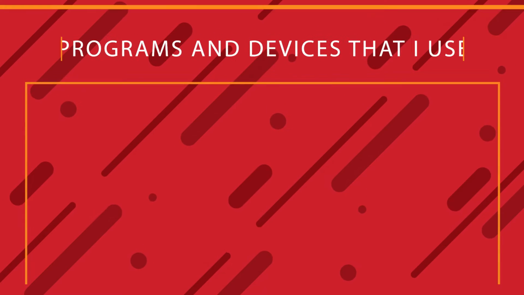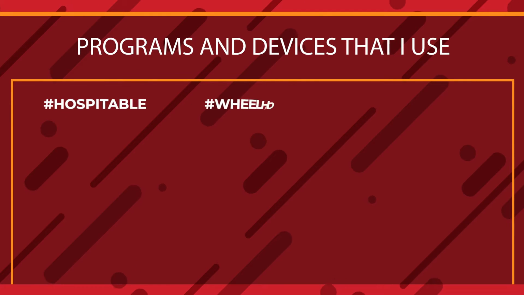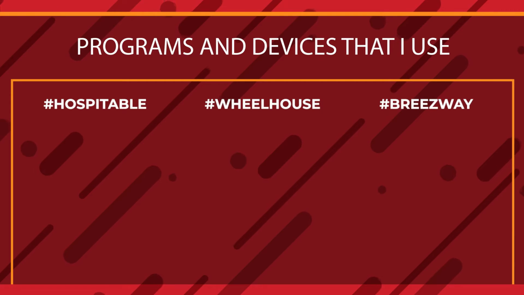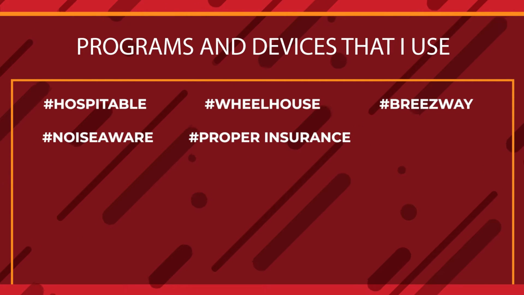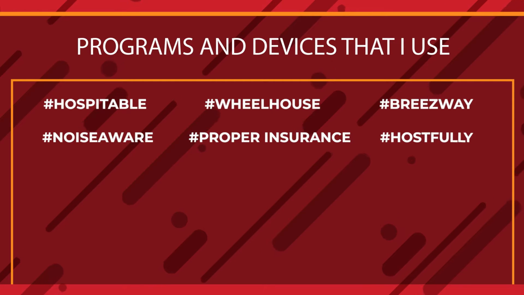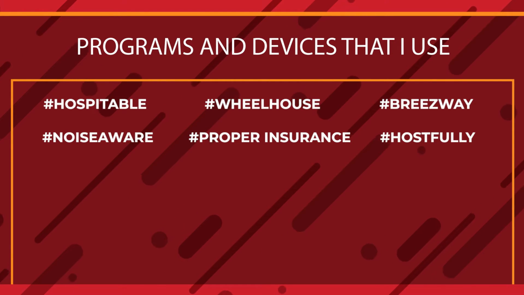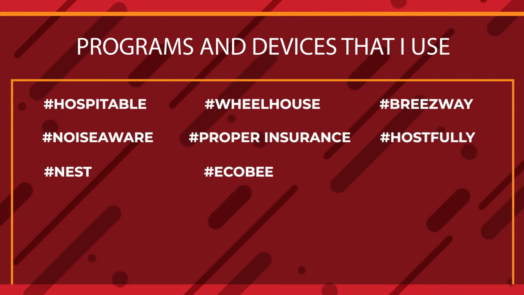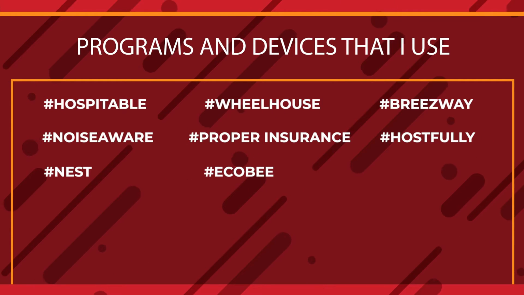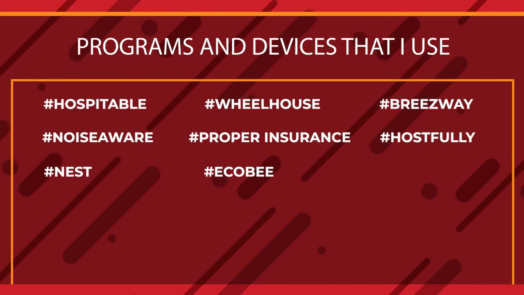So first and foremost, I use HOSPITABLE, Wheelhouse, Breezeway, NoiseAware, Proper Insurance, and Hostfully, which is a digital guidebook. I use Nest for my cameras and smart locks, Ecobee, which is my thermostat, though sometimes I use Nest for my thermostat as well.